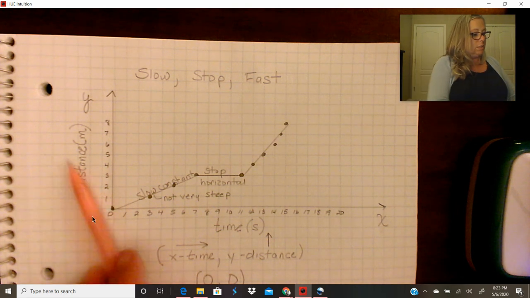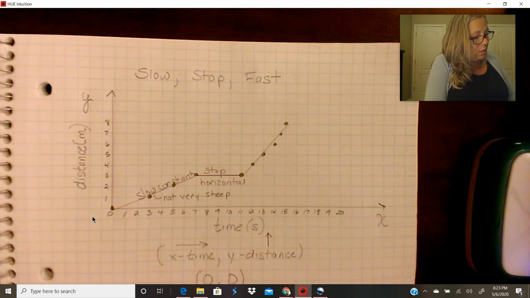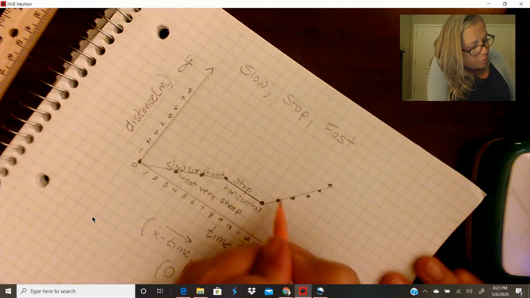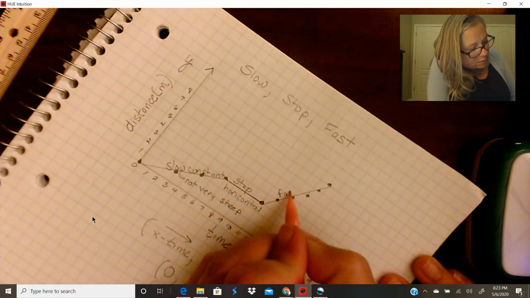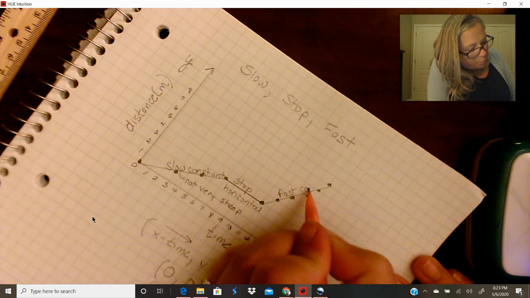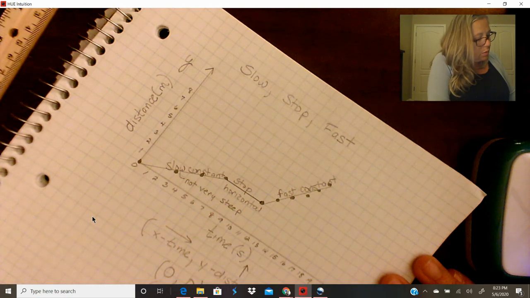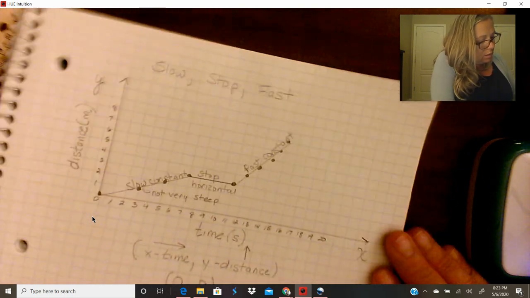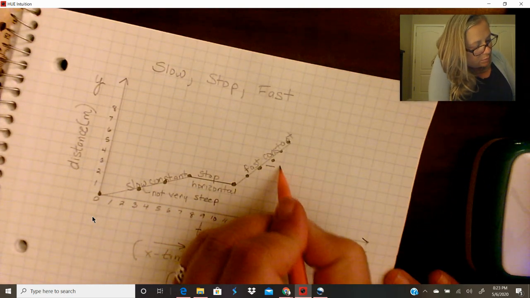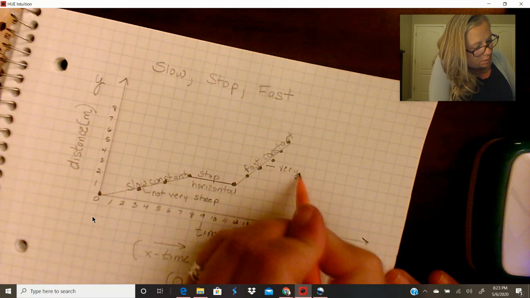And then you notice that this part of the graph right here got way faster. So I'm going to label that with fast constant. Right? And when you have a fast constant, then the slope is very steep. Very steep slope.